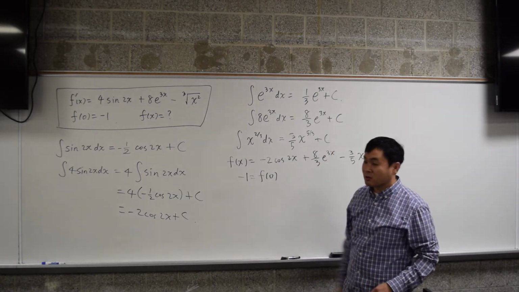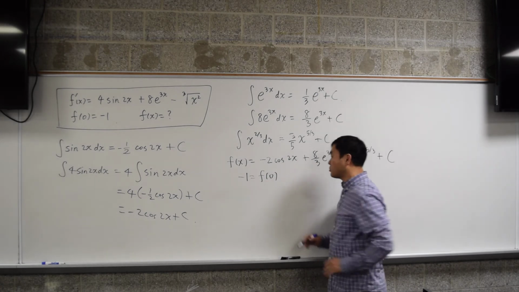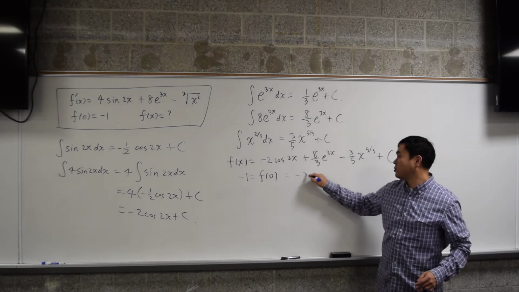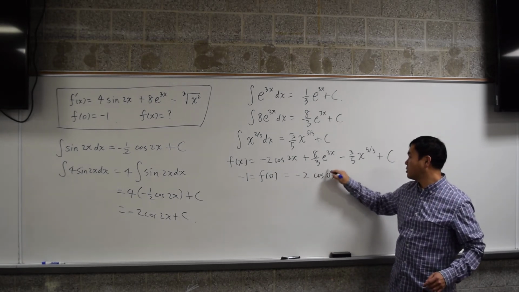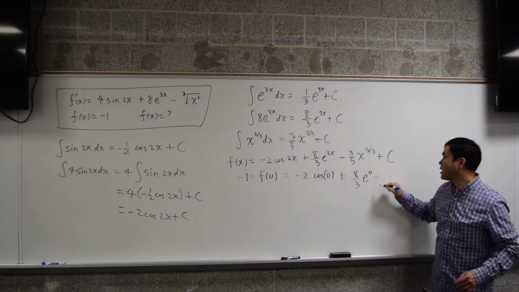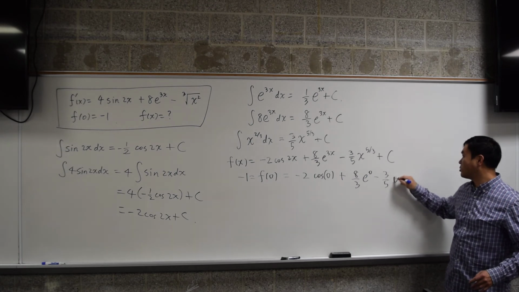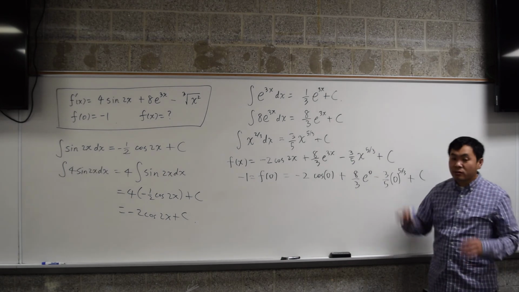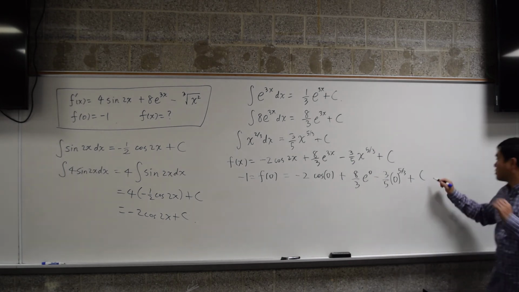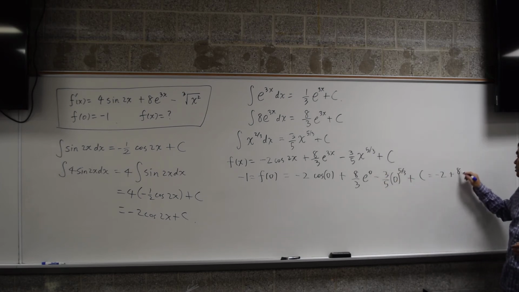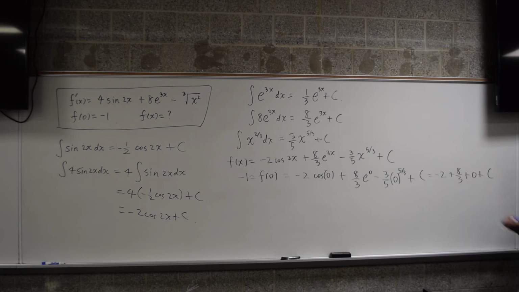That's our condition. The condition is that f of 0 should equal to -1. But according to what we have here, it means that we have -2 cosine 0 plus 8 over 3 e to the 0 minus 3 over 5 times 0 to the 5/3 power plus c. What's cosine 0? So this is -2, e to the 0 is 1, so it's plus 8 over 3 plus 0 plus c.